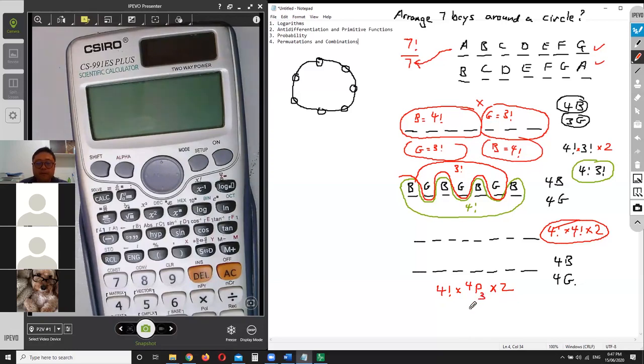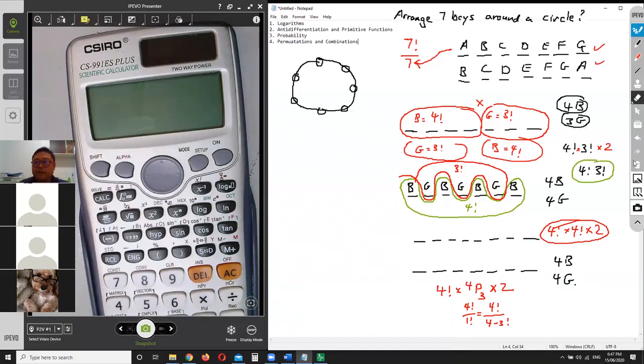Was it 4 factorial on 3 factorial, or was it 4 factorial on something else? In this case, 4 factorial on 4 minus 3 factorial, which is 1 factorial. Got it?